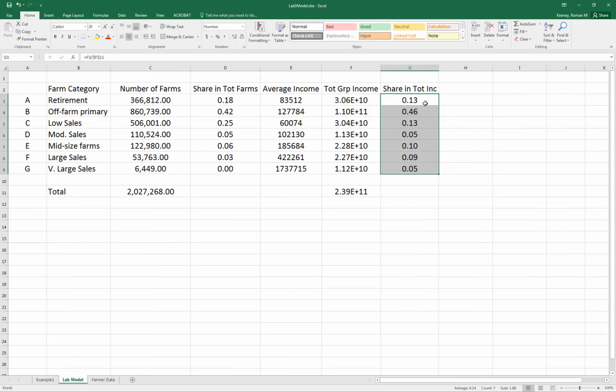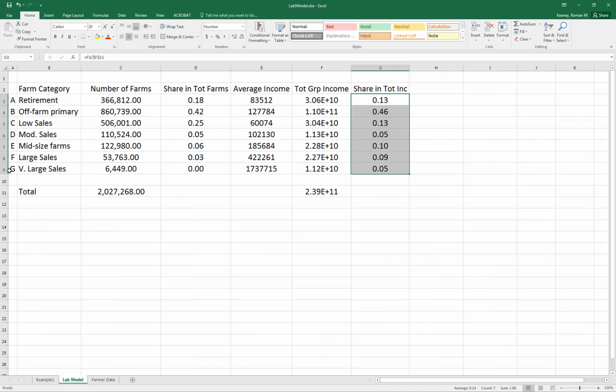Okay, so let's go back to our lab model and do that. So all we really need to do, and now you can see why I put A, B, C, D, E, F, G out here to the left, is because I wanted to be able to put them back in the order that ERS had them, in case I wanted to ever add any data.